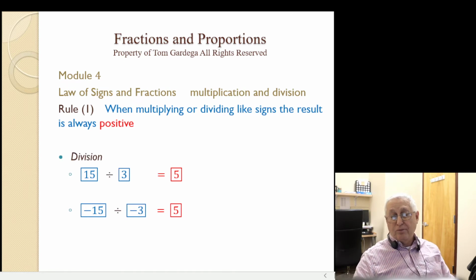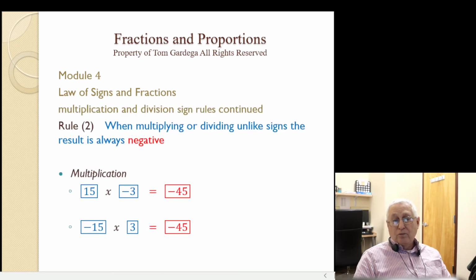Division, same thing. 15 positive divided by a positive 3 equals a positive 5. Negative 15 divided by a negative 3 equals a positive 5. This is a positive divided by a positive, result positive. Negative divided by a negative, the result is positive.